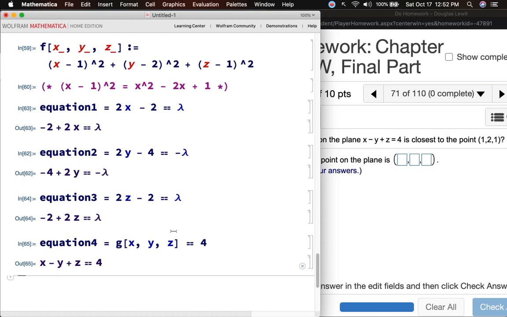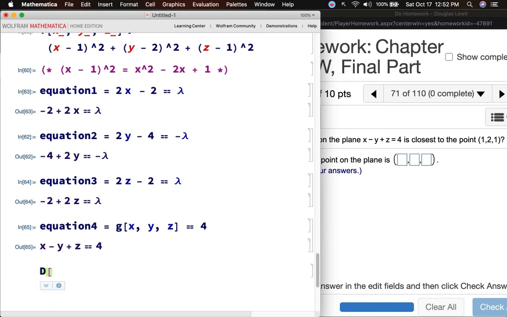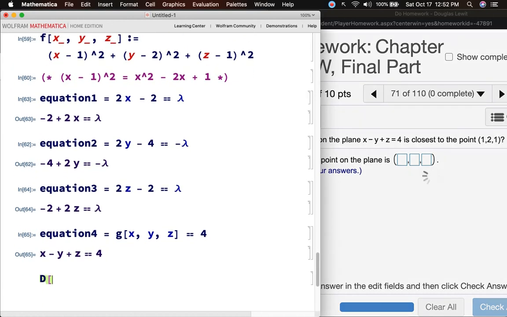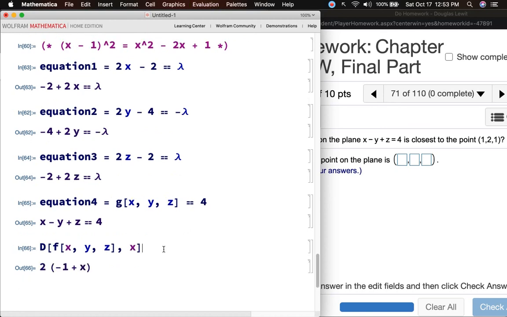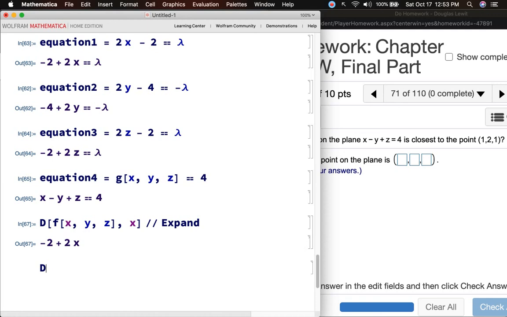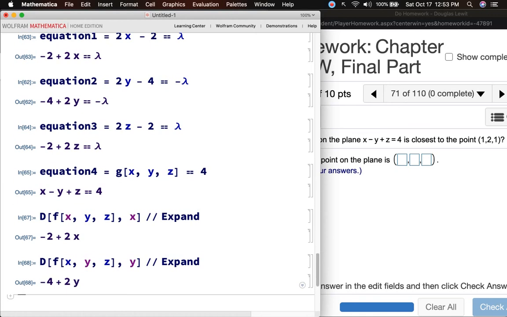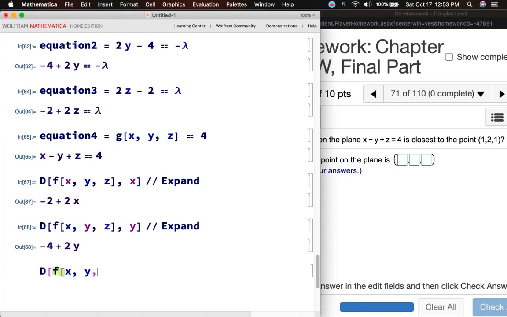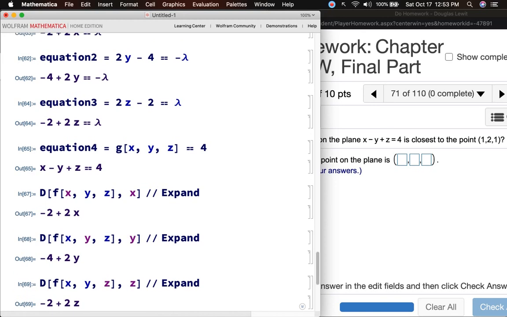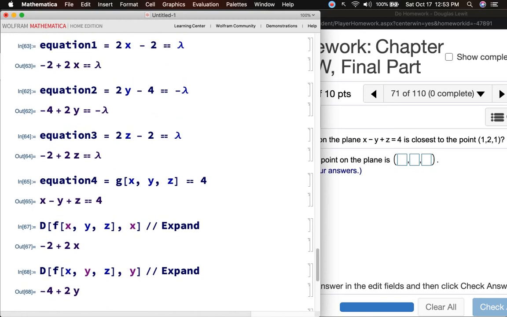If I want to check my derivatives, the derivative of f of x, y, z with respect to x, expand, is 2x minus 2; with respect to y, expand, 2y minus 4; and with respect to z, 2z minus 2. Yeah, so my derivatives look fine.